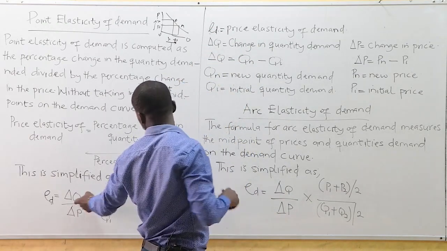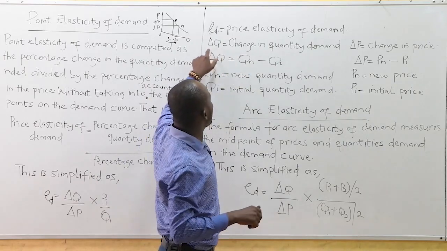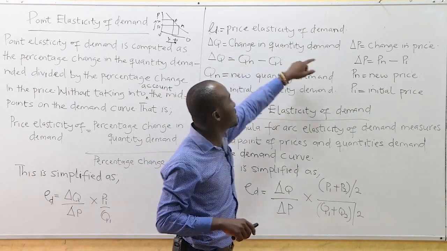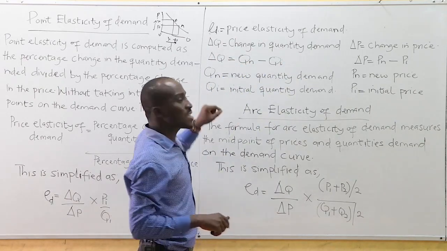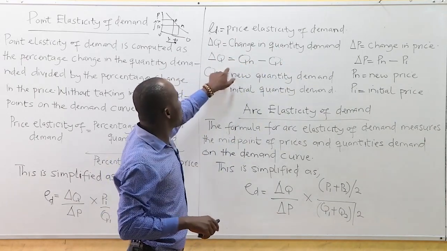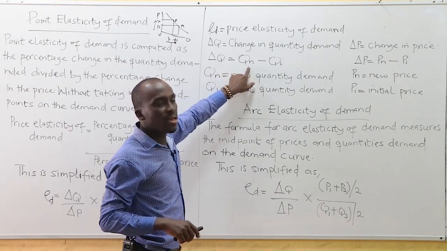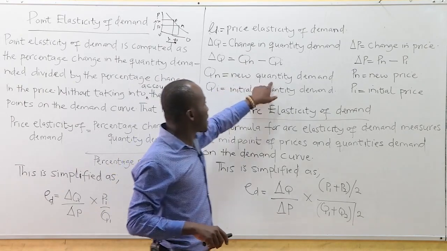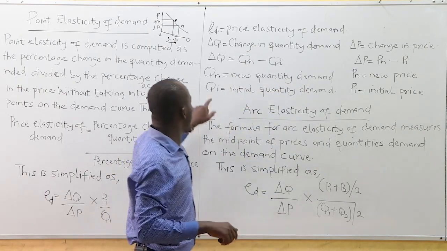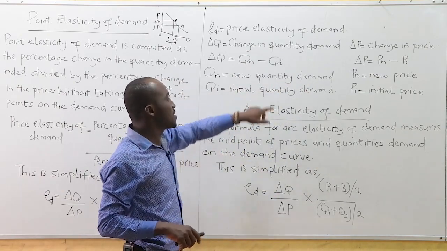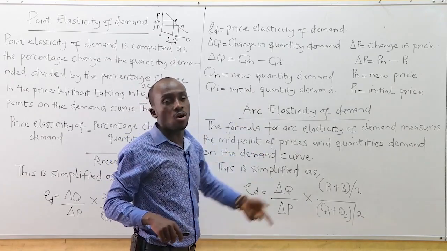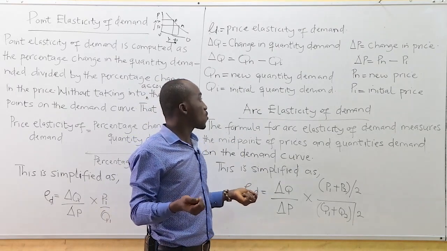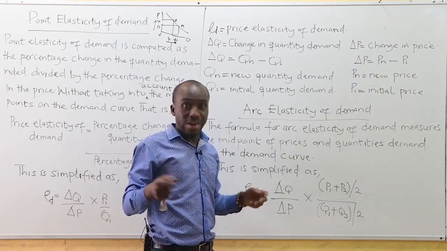Change in Q here, this delta Q, is called change in quantity demand. What's the change in quantity demand? Change in quantity demand is the Qn minus Qi. What is Qn? It is the new quantity demand. What is Qi? Initial quantity demand, or old, or initial, or original. In other books, they say old quantity demand, original, or initial, right?